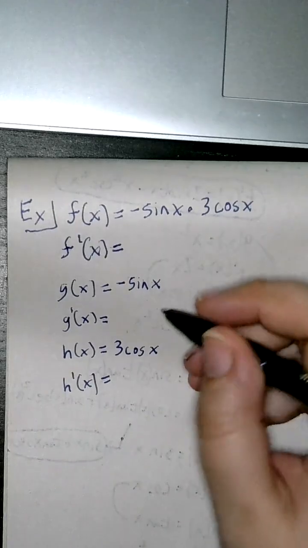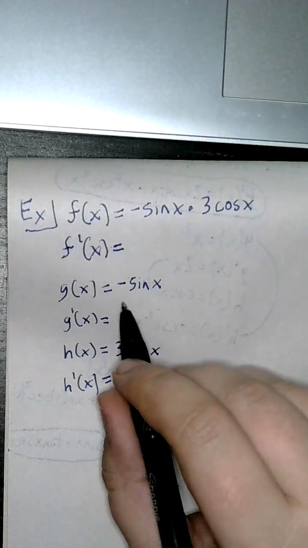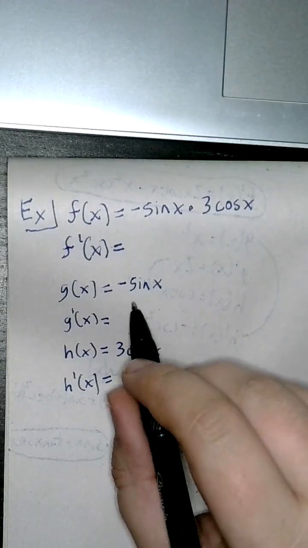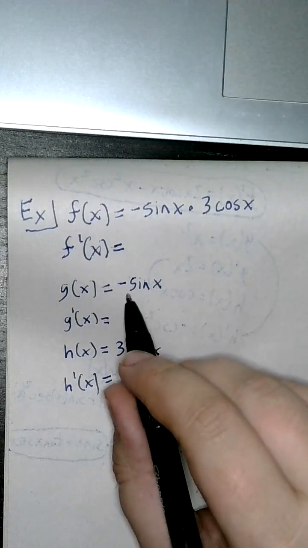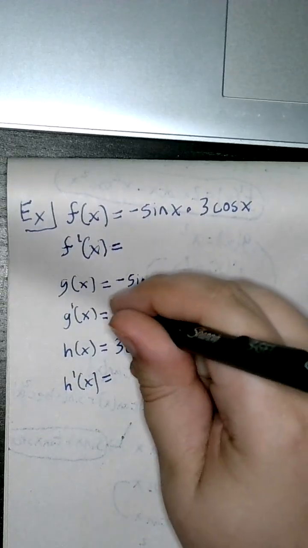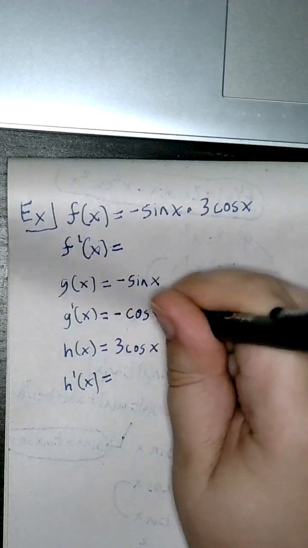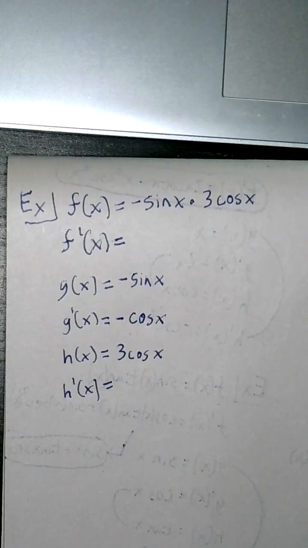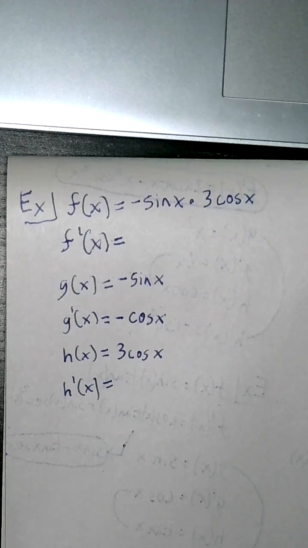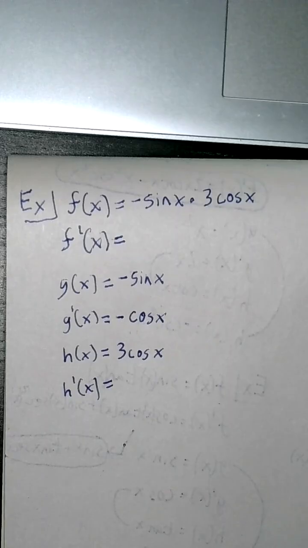MP says negative cosine. Josh says negative cosine. Yeah, that's right. So remember, derivative of sine is cosine, but when I have a negative, the negative follows along. So it's negative cosine x. Cool. Now what's the derivative of 3 times cosine x?